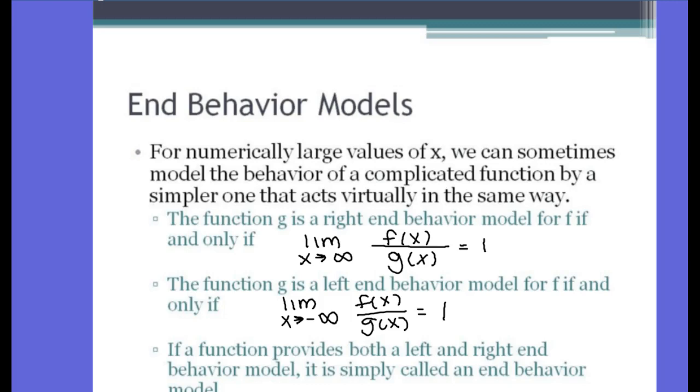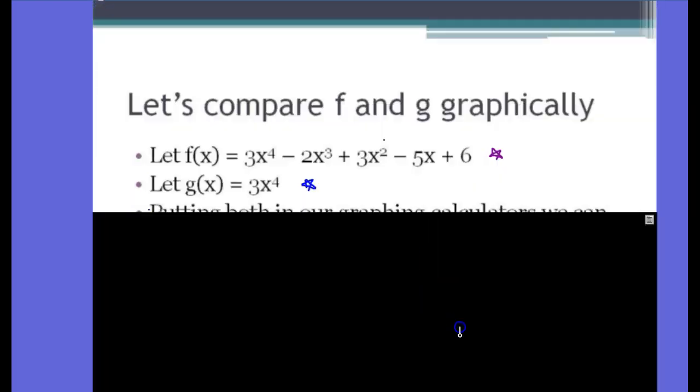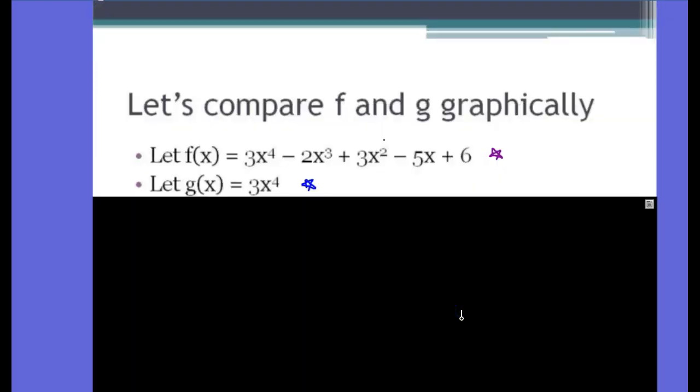However, one function has other parts occurring. So you're plugging in f and g. What's really nice now is the graphing calculators are in reds and blues, so you can see exactly which function is which.